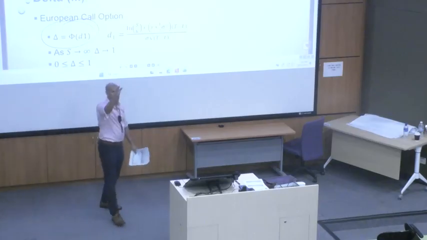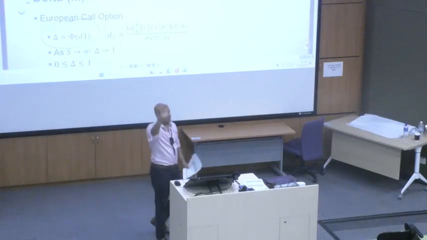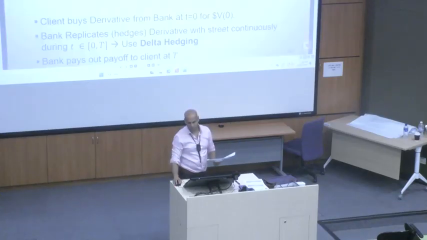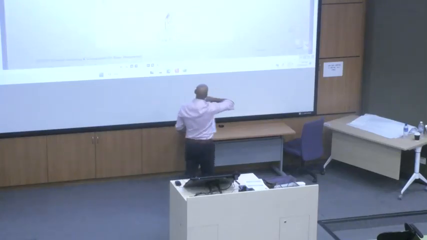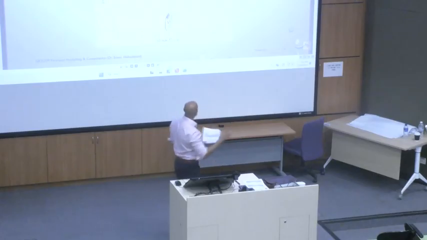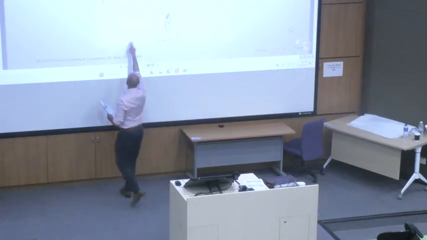So delta goes to 1 as S goes to infinity, which makes sense from the payoff diagram perspective, as you've seen. That slope, which we said is delta, tends to 1 as S tends to infinity. So the maths agrees. And as S goes to 0, you expect the derivative to go to 0.